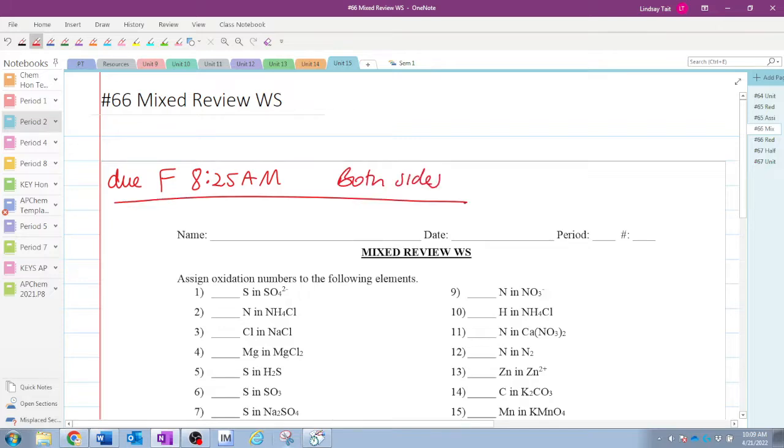Okay. At the top, you're reviewing just assigning oxidation numbers. It just is only asking for one number for one element, like it would on a multiple choice test, but that sometimes means you'll need to do work to figure out that one element. Okay.